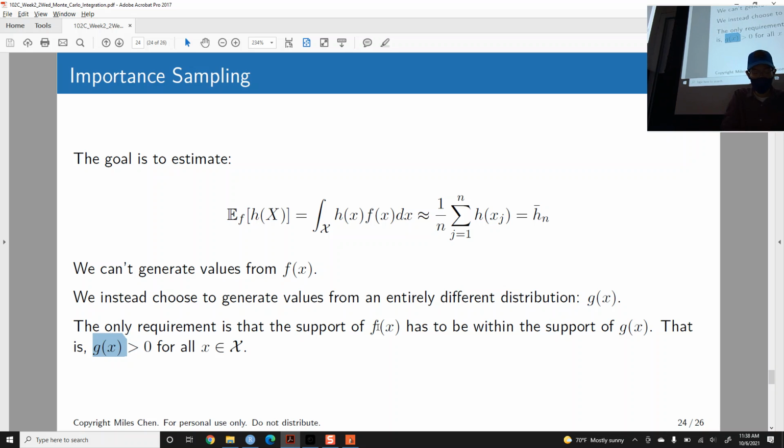The only requirement is that, in theory, g is able to produce any value that f could produce. If f could produce a million, then g needs to be able to produce a million. It could have an incredibly low probability of producing a million, but it can't have probability 0.